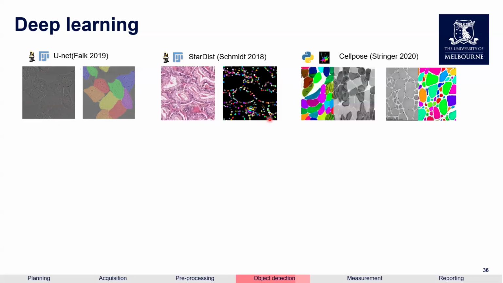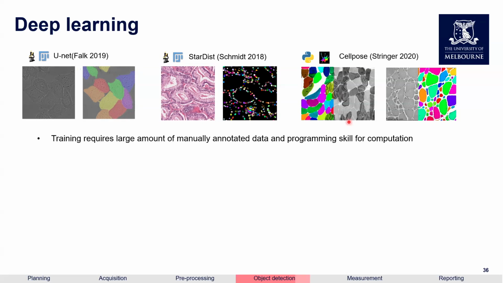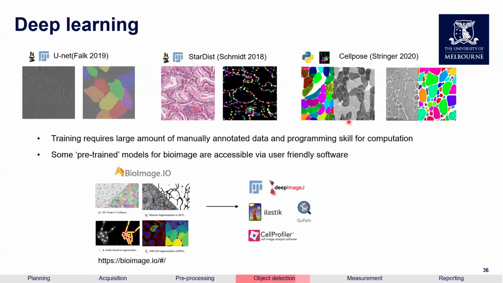Another really popular deep learning method is called Cellpose, and it's a really powerful tool that can detect various shapes of cells. The thing is, most of these approaches require a large amount of manually annotated data and also programming skills for training the model. But these days, there are a lot of pre-trained models available, which we can access without particularly learning programming skills.